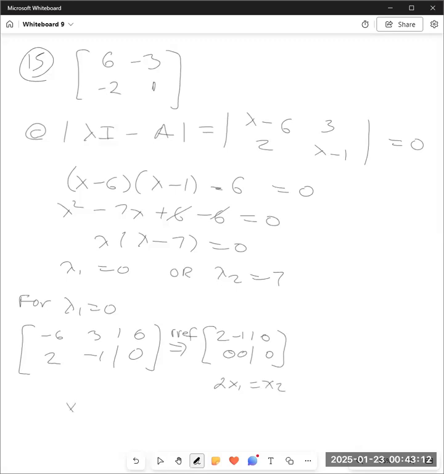So if x2 is 2 times x1, I can make x1 equal to t, and x2 is going to be 2t, and that makes all my eigenvectors in the form of t, 2t, but I want to get the simplest form of that I can, since the t's will be taken care of by the lambdas. So I want to pull the t out and say that this is going to be 1, 2 for my eigenvector.